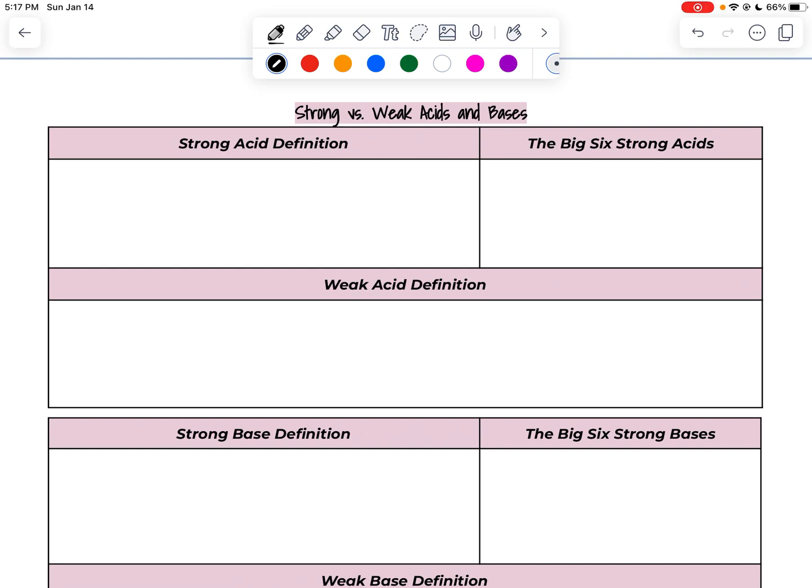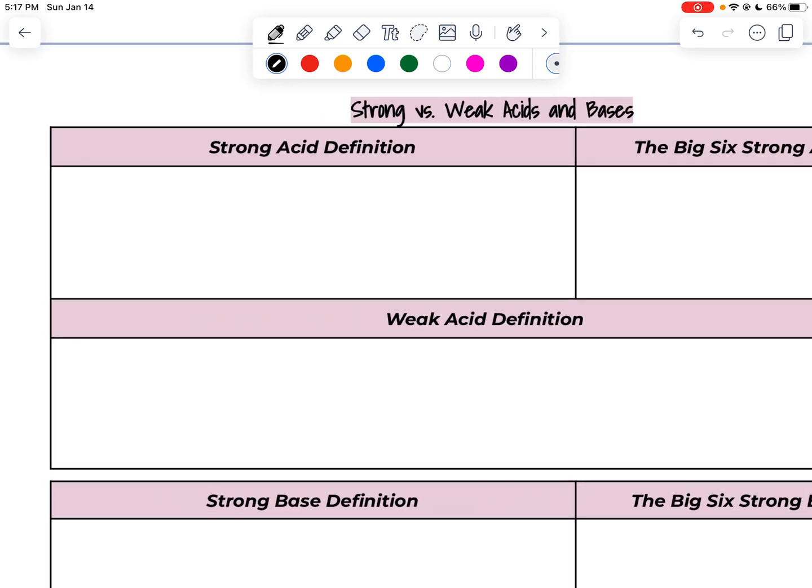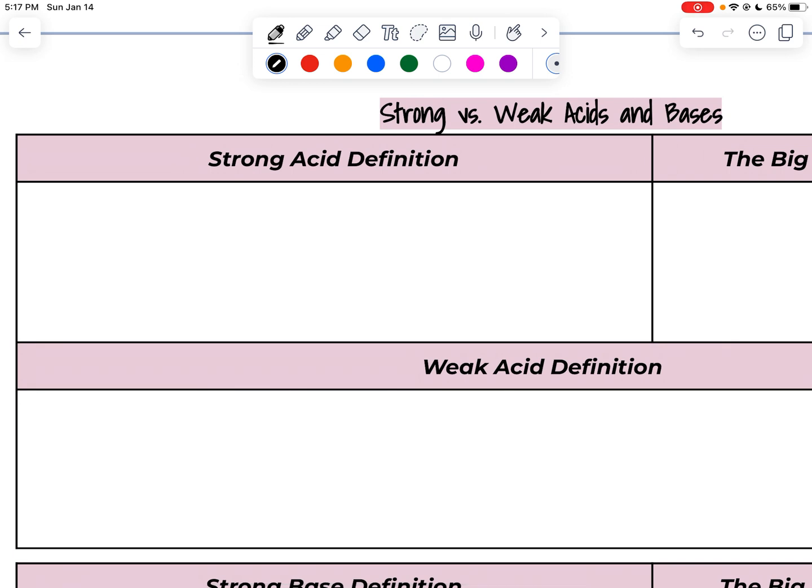So what does it actually mean to be a strong acid? Well, we know that acids are proton donors, H plus or hydrogen ion donors, right? That acid is going to donate its proton to whatever it's reacting with.